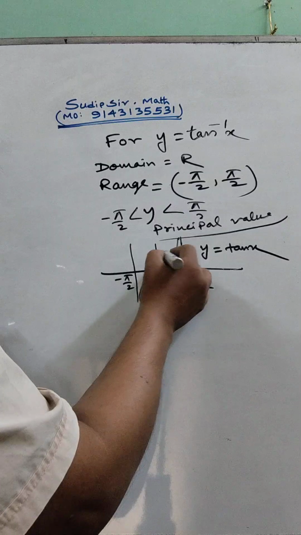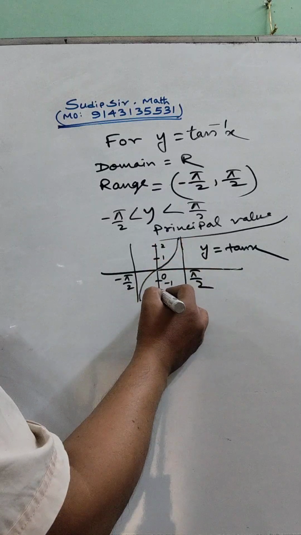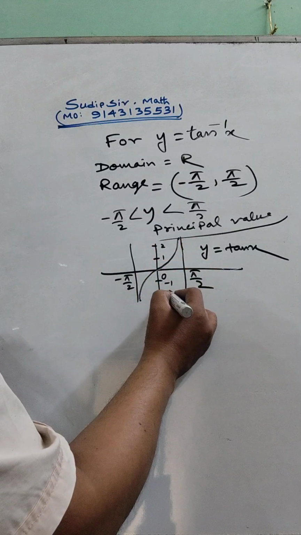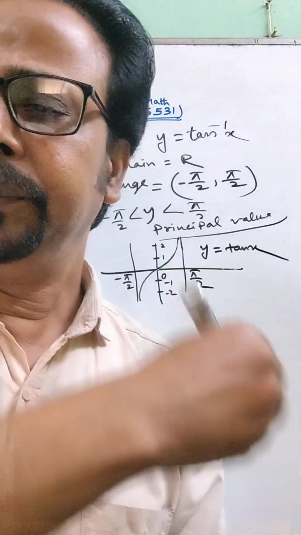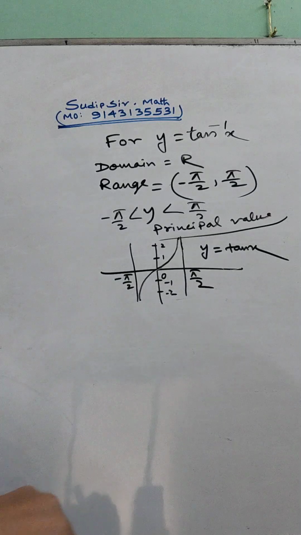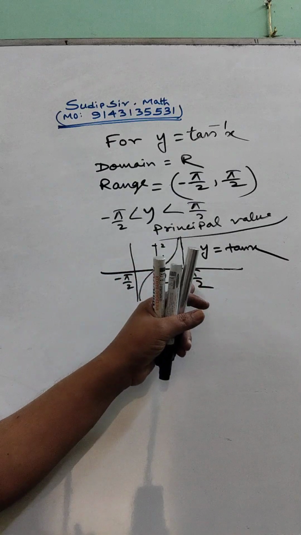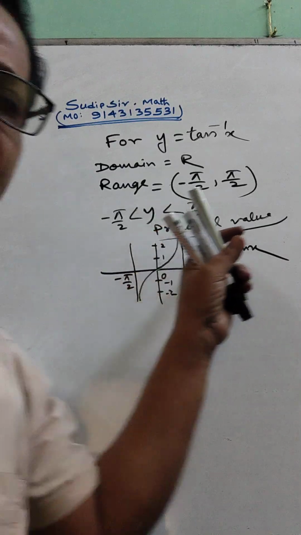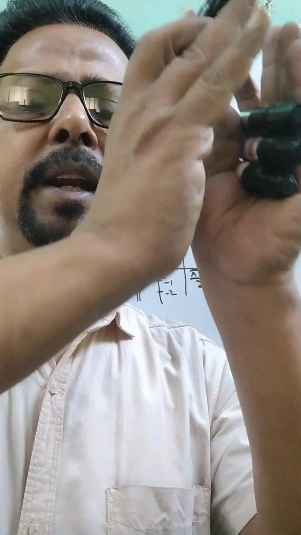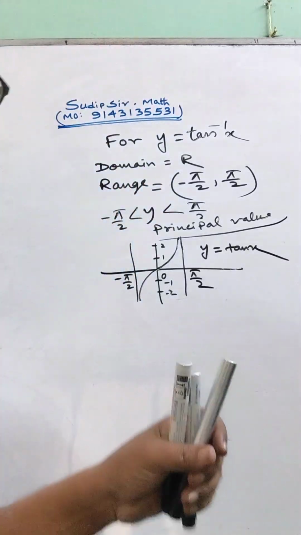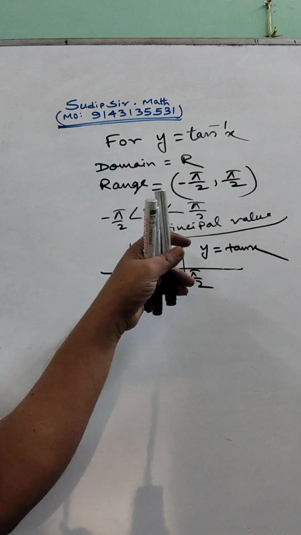This is 0, 1, minus 1, 2, minus 2. It will go from plus infinity to minus infinity for y equal to tan x. Asymptote means a line and the curve just touch at infinity. It is called an asymptote.